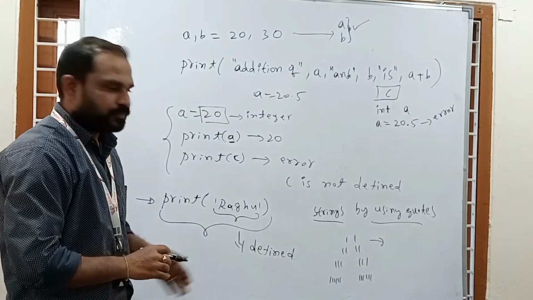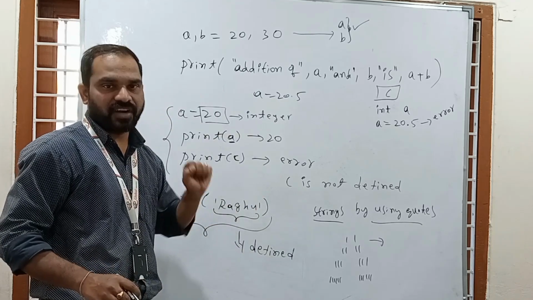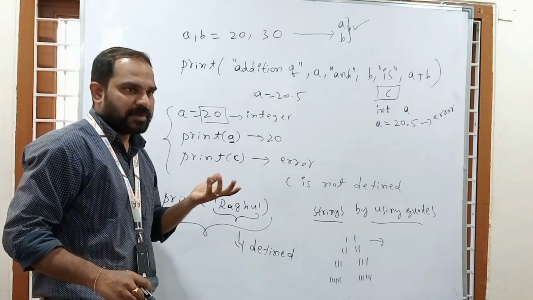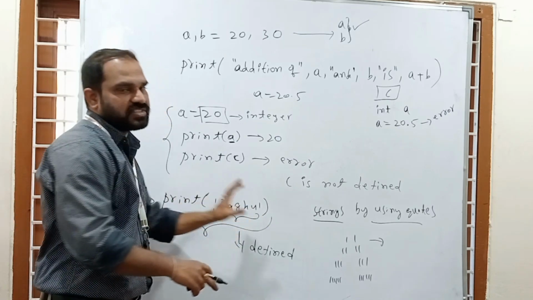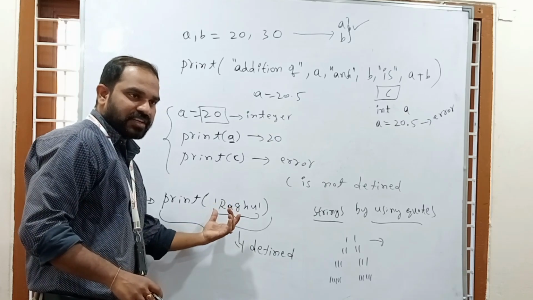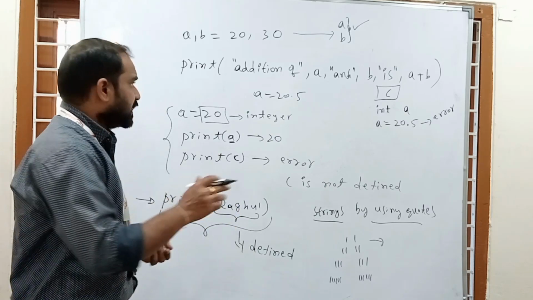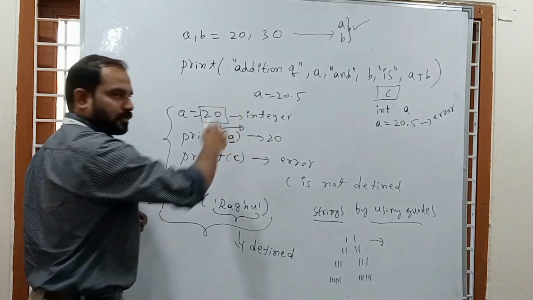Prior to that, without using quotes, this data is not defined, meaning the interpreter cannot recognize this as a string. Now if you keep quotes, this data becomes defined data. So what is the type of the data? Now it is string data. Is there any need to define this 20?